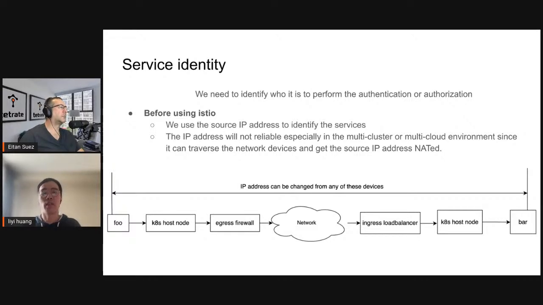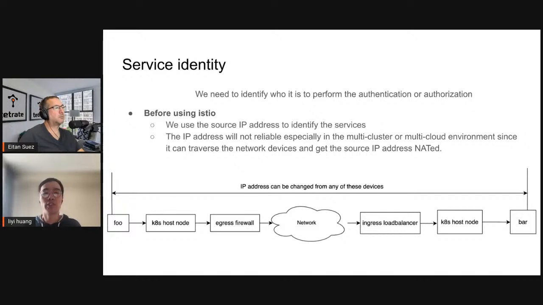We usually need to identify who that is to do some authentication or authorization. For example, if we have a firewall policy, usually we identify that IP, then we can say, okay, for this IP, what I can do.